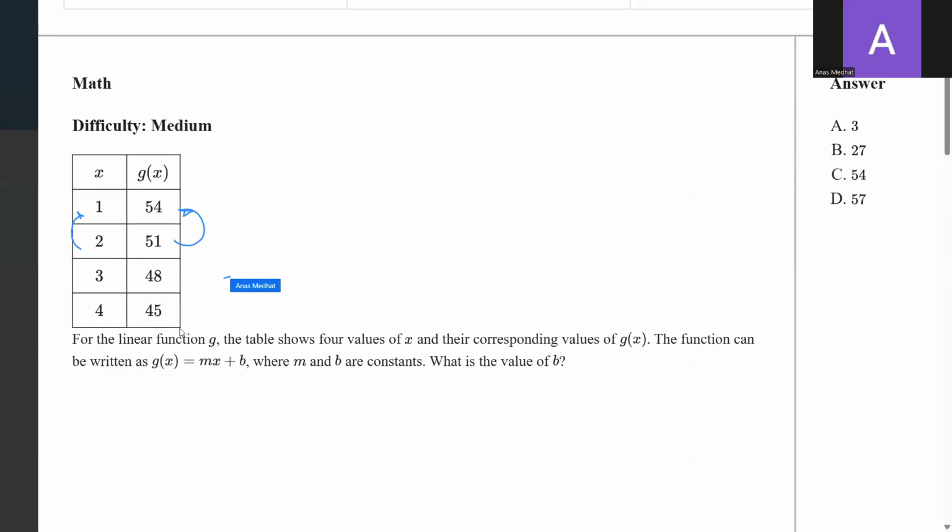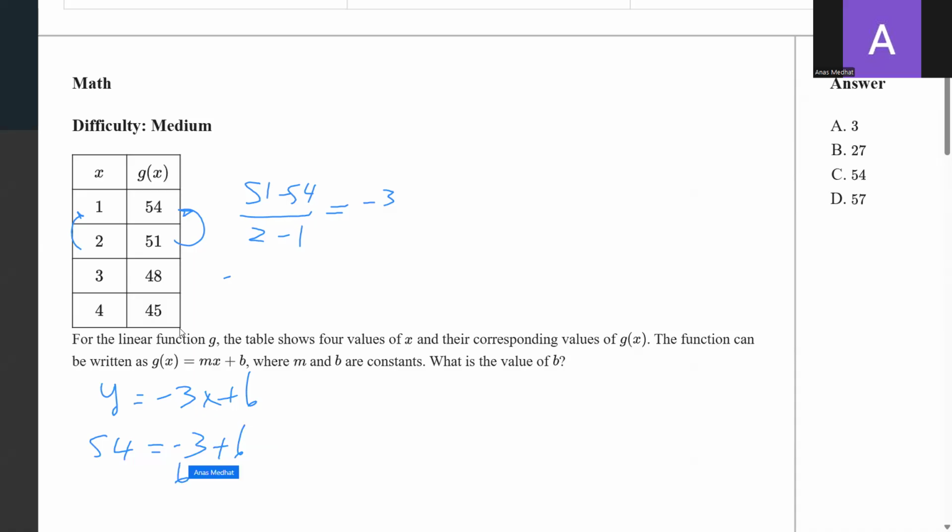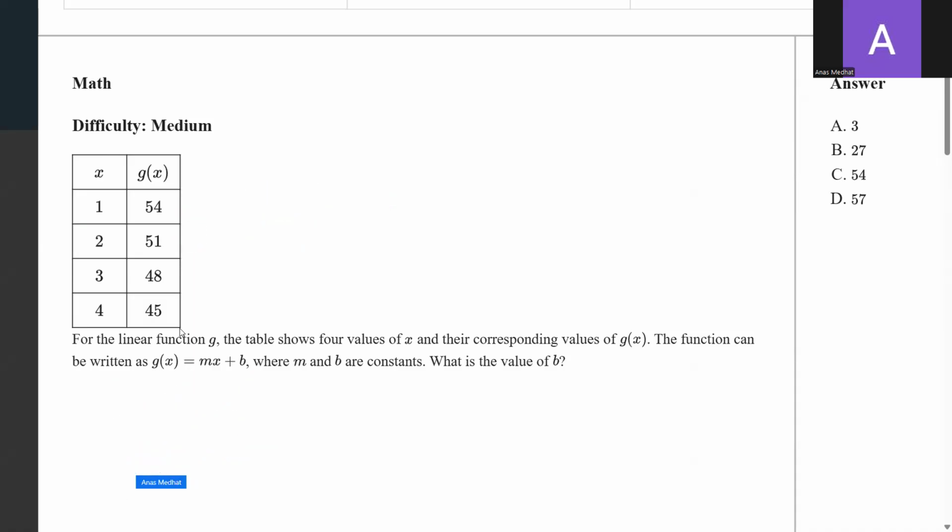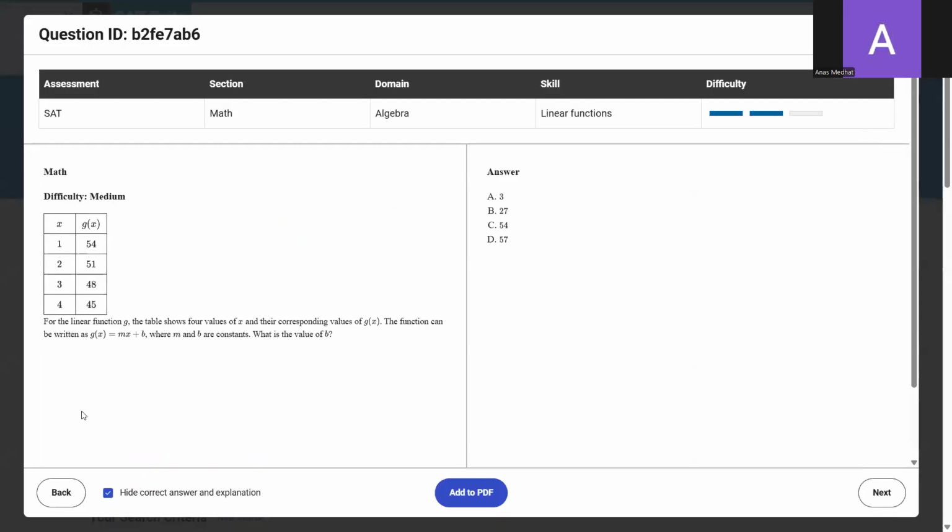So 51 minus 54 over 2 minus 1. It will give you minus 3. Y equals minus 3x plus b. Now we have to substitute one of the points. Let's substitute the first point. Minus 3 plus b. So b is equal to 57. That's it. So the answer is D.